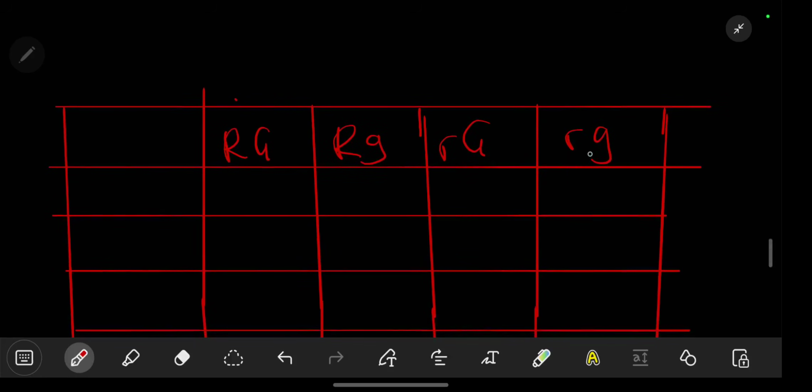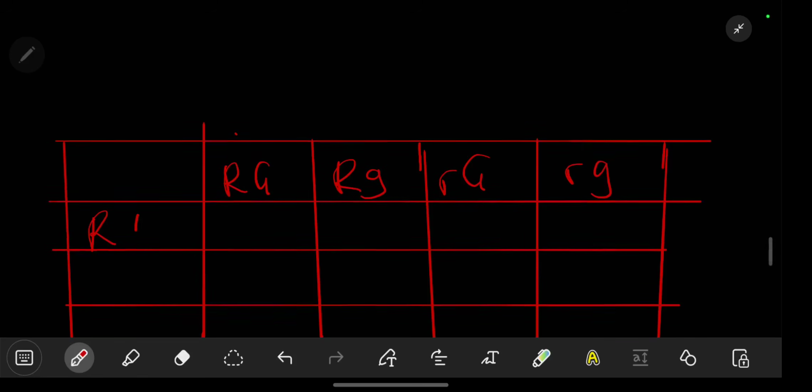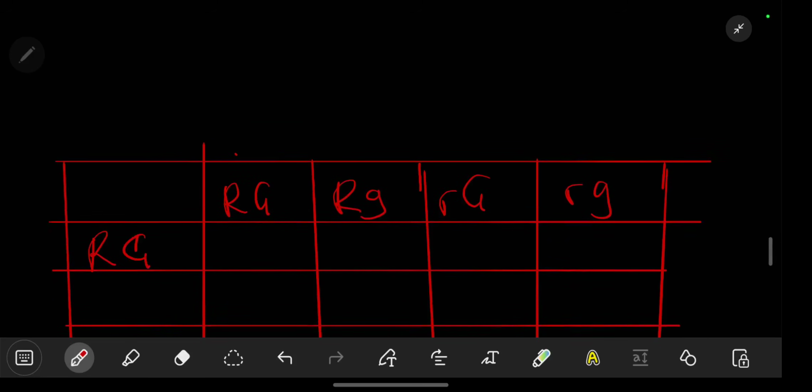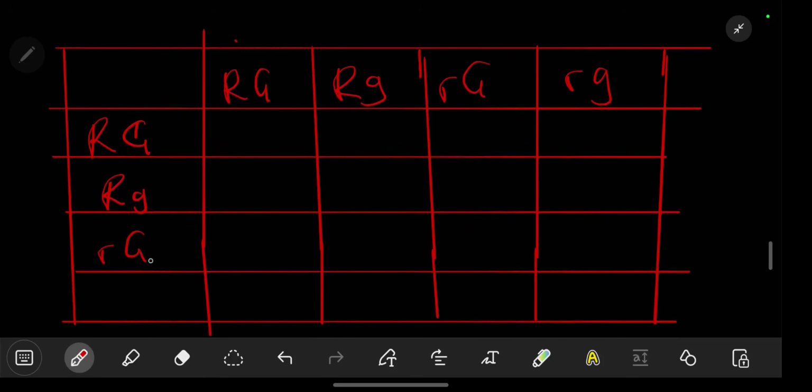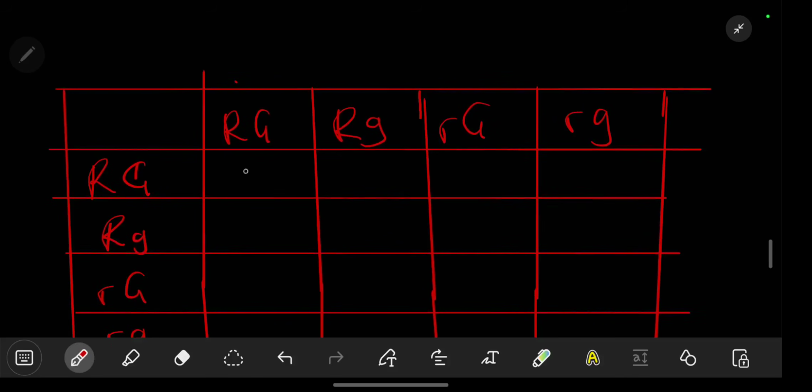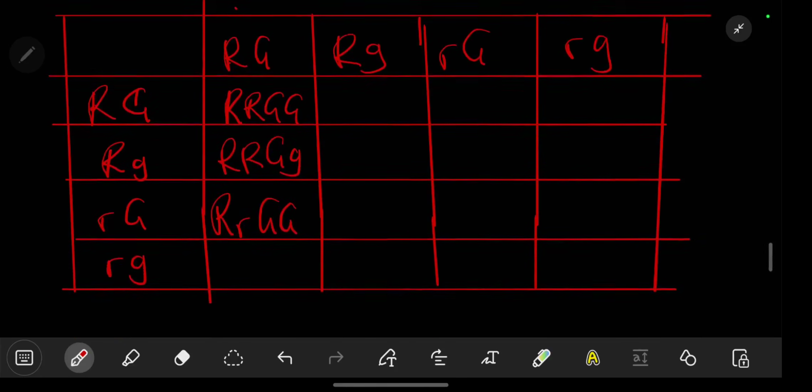So we are going to put this, and also on this side we are going to have the same thing, which is something like this. We have our RG, we have our R big G, we have our R small g, like that. Then we are combining R, R, G, G, R, R, G, G. We have our R, small r, G, G, so we are just combining.